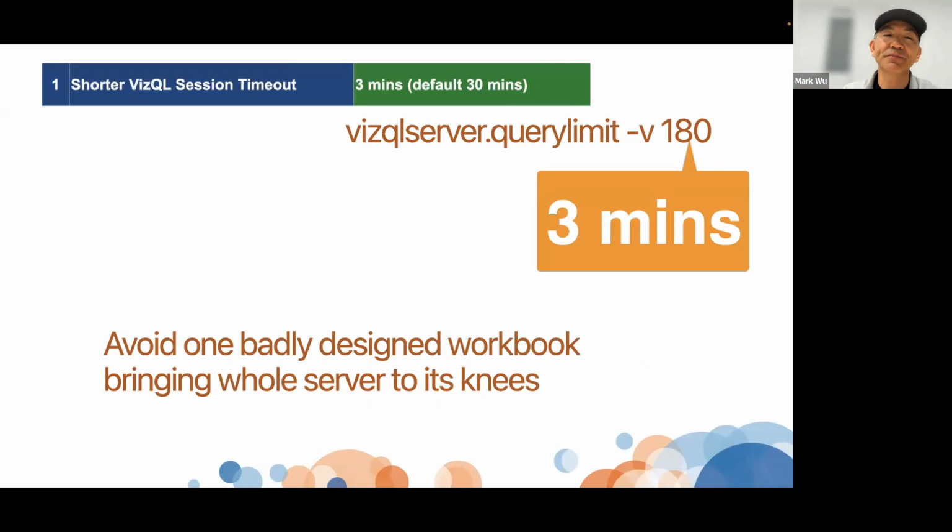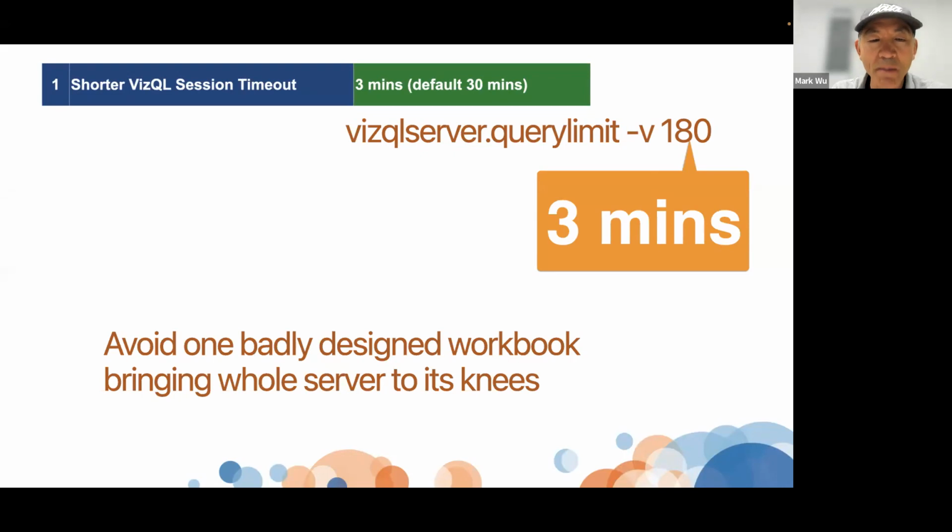One is, for me, this is something everyone should do if you have your own server. The VizQL server query limit by default is 30 minutes. That's way too long. On my server, I'm using 3 minutes. What this will do is it will kill any long, not well-designed workbooks.